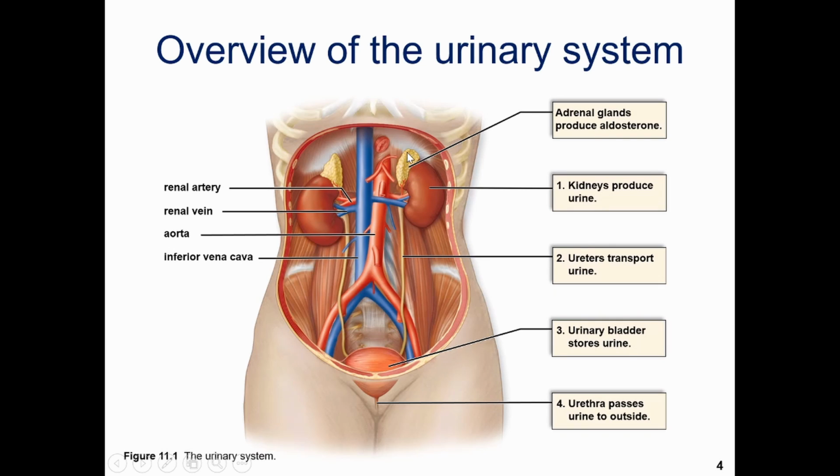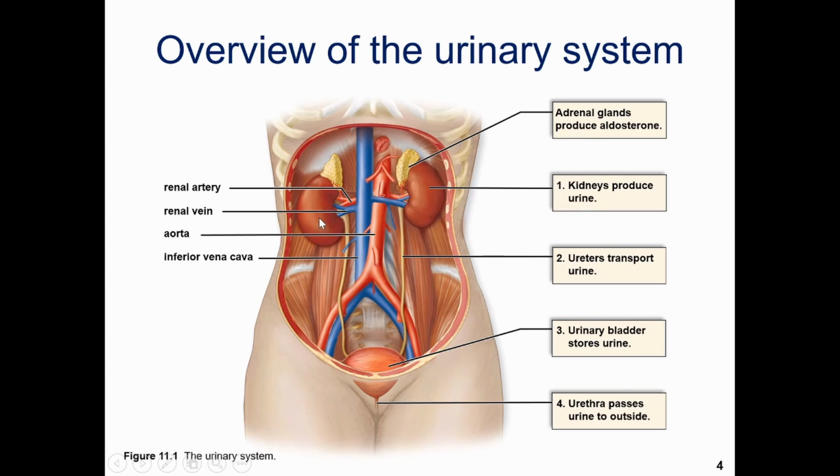We'll talk a little bit about the adrenal glands in this chapter, but we'll talk more about them later on. Each kidney has a ureter that's going to travel all the way down to the bladder, which is this almost triangle-like shaped structure you see here. And then finally the urethra, which will take the urine from the bladder and lead it outside the body.